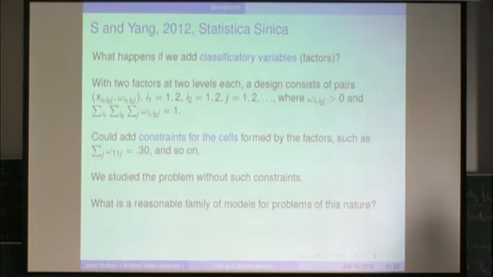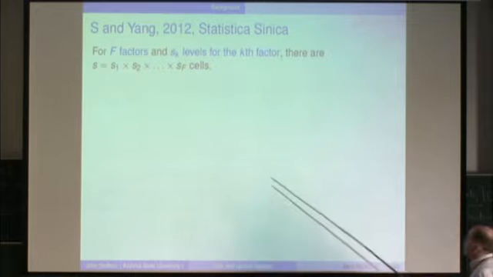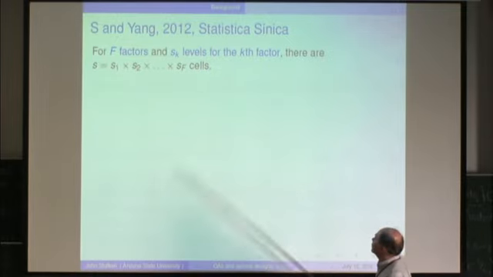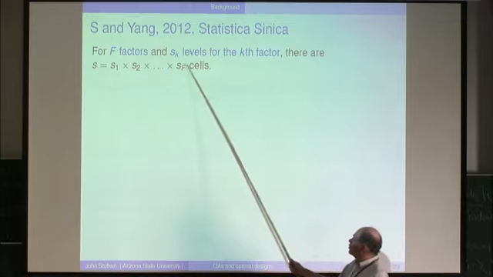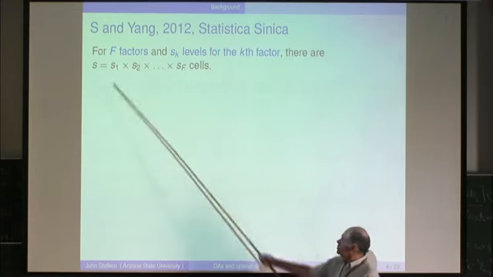And so then you have to ask yourself, well, what kind of model are you going to use now, and what are the parametric functions that might be of interest? So I'll tell you what we did. So in general, if there are f factors, and the kth factor has sk levels, then the product of all these levels is, of course, the number of cells that you get, and I'll denote that by s.